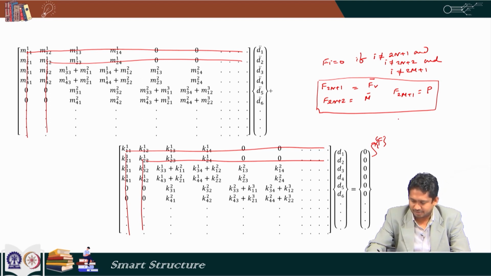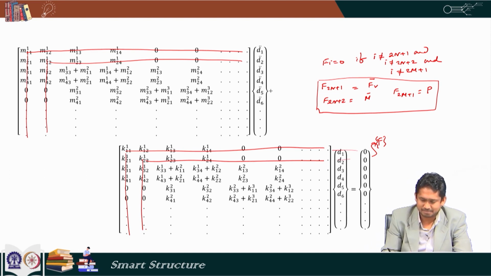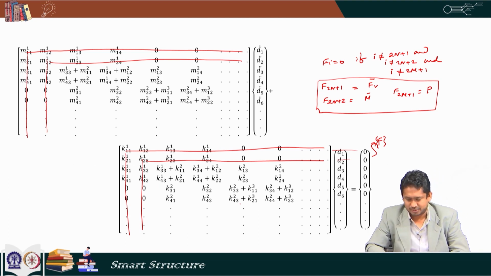Now, after we strike out everything, we are left with the rest of the system, and we solve the rest of it and we get our solution.